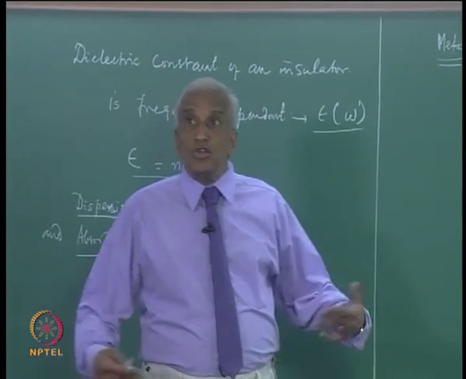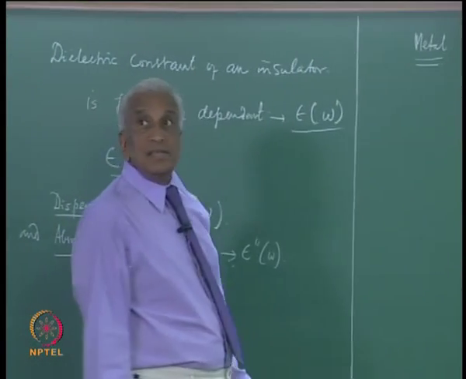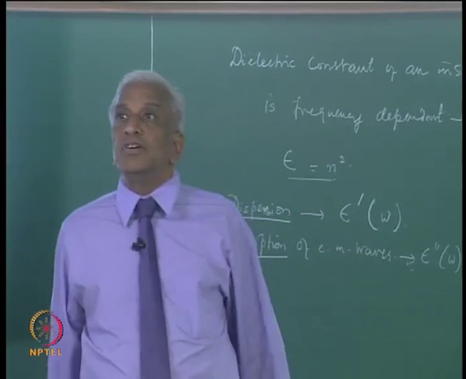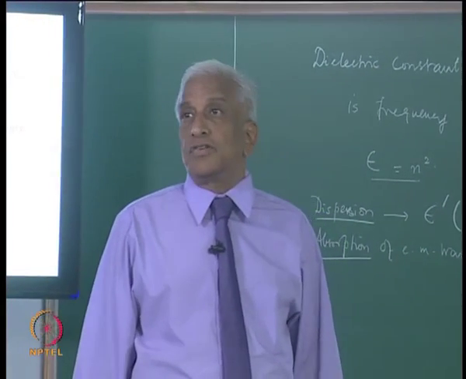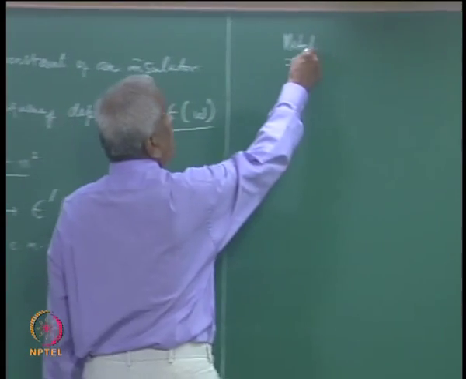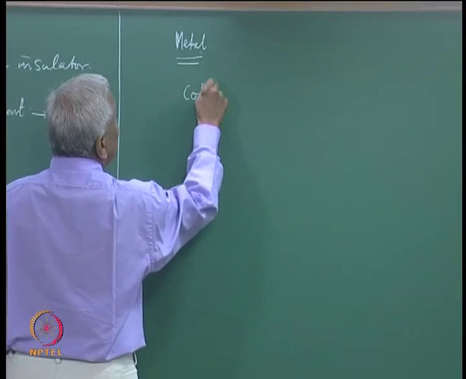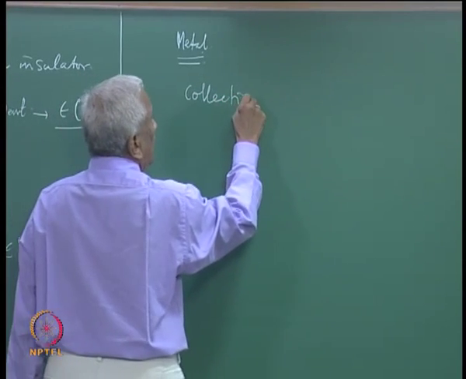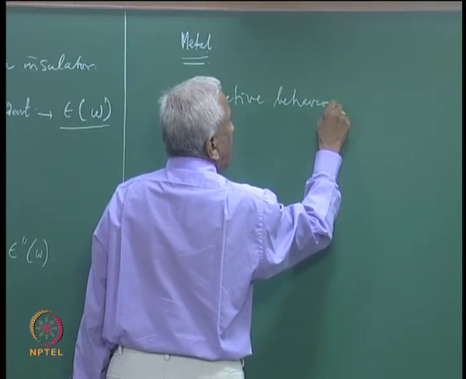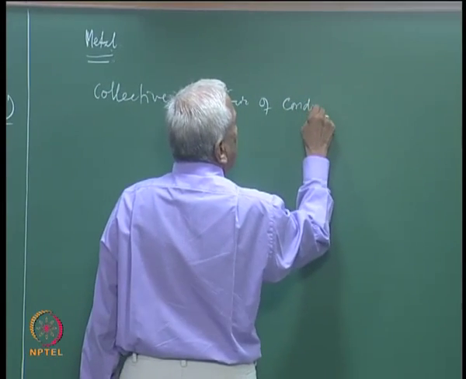Now, one thing we know is that metals have a very large concentration of conduction electrons, and therefore the main properties of metal are usually understood in terms of the collective behavior of conduction electrons.